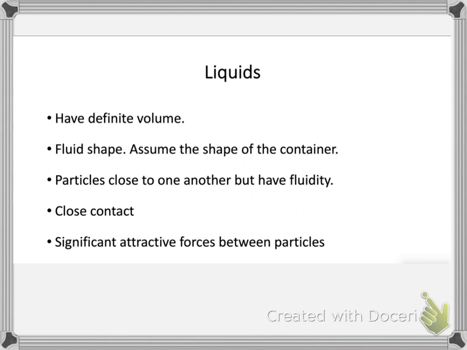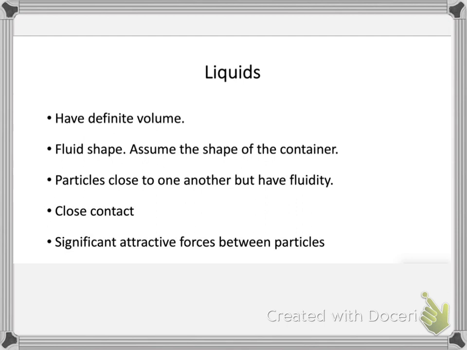So liquids have a definite volume on the first bullet point, and just so you understand, a definite volume means the volume does not change depending on its location. As an example, if I have 20 milliliters that I measured in a beaker, and then I poured it into a graduated cylinder, while the graduated cylinder would give me a more precise measurement, I would still have close to the 20 milliliters.